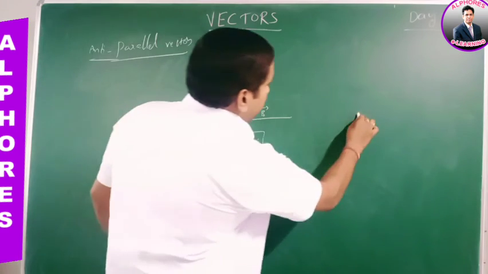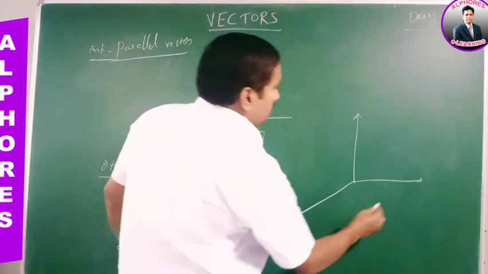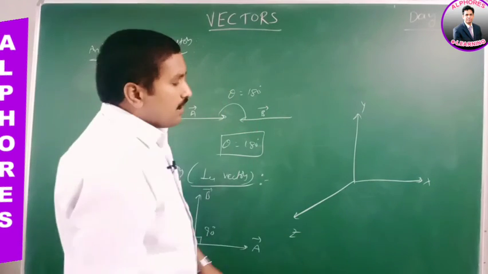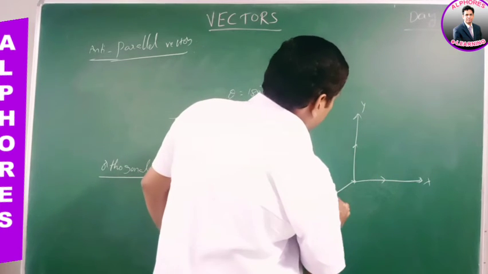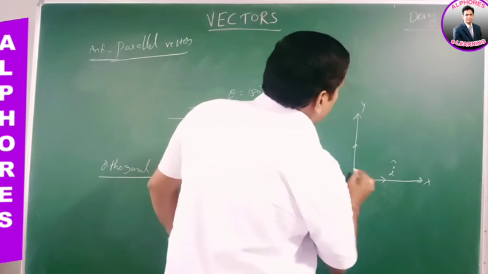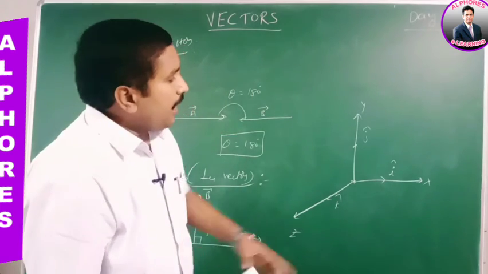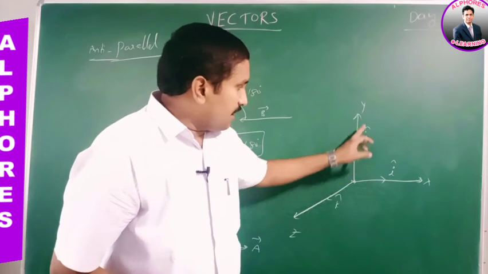For example, if I take the three-dimensional coordinate system with x-axis, y-axis, z-axis, then the unit vectors along the x-axis, y-axis, z-axis are represented by i cap, j cap, k cap. Here i cap, j cap, k cap are the unit vectors along the x axis, y axis, z axis.